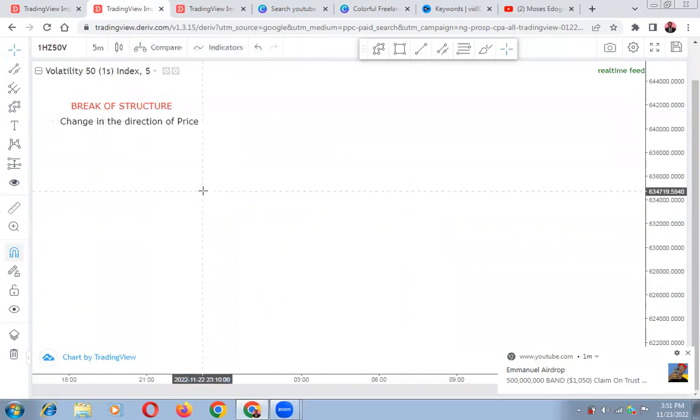So this takes me to what I want to do. I'm going to give you a typical diagram so that you understand what a break of structure is. Market is changing direction. There's a shift from the original trend to another trend. The market is turning, changing direction.